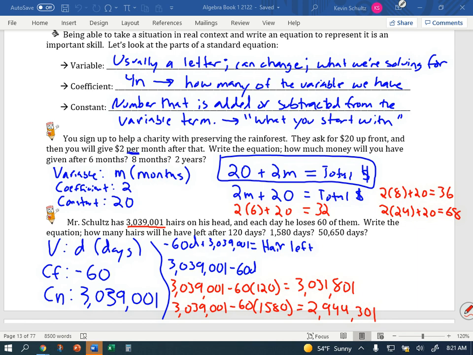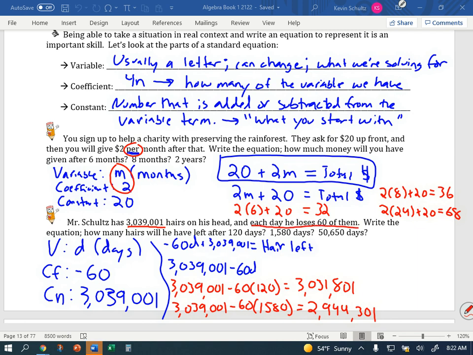And remember those 3 words that I said connect the coefficient with the variable? Per, like we saw in the last one, $2 per month. Here was our coefficient and variable. What were the other 2? Each and every. Here we see each.